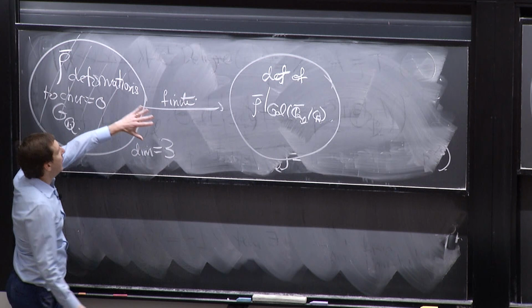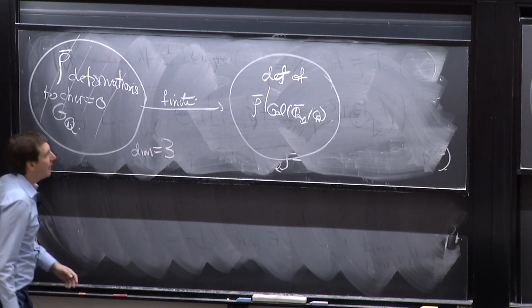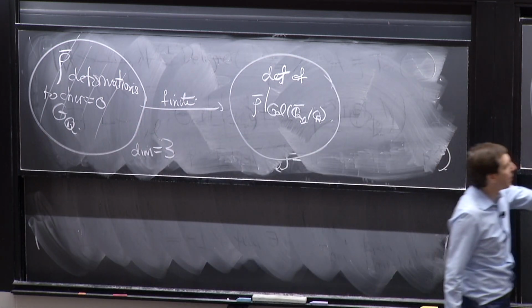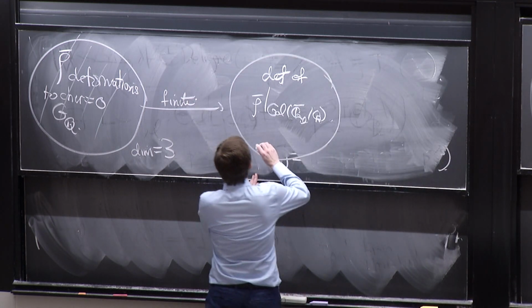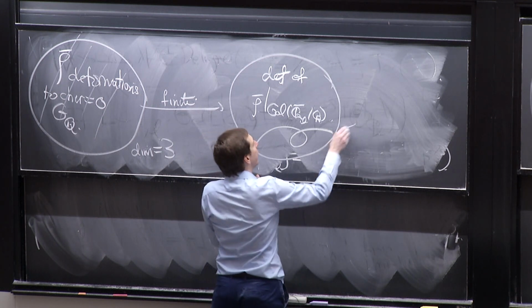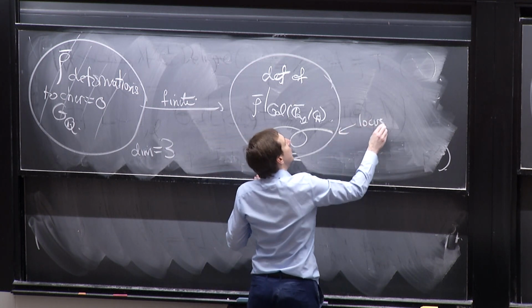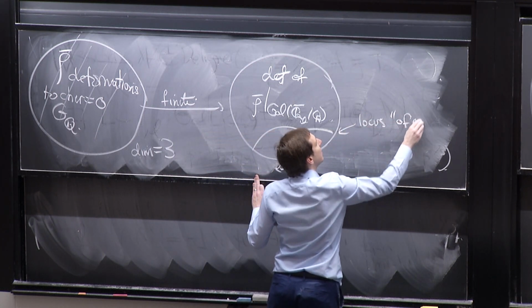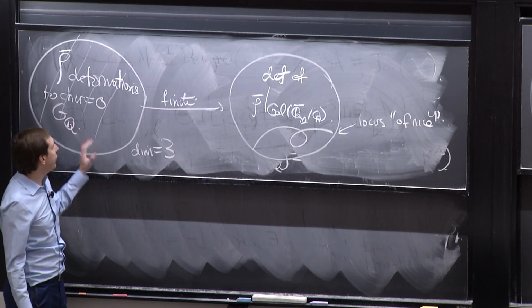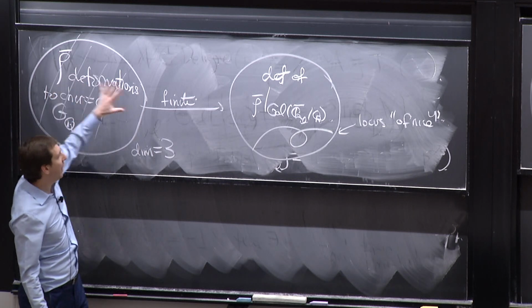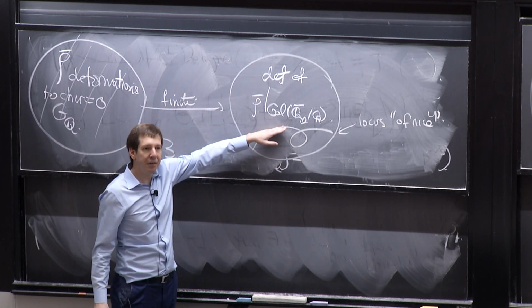All right, so you have this space, and inside here, you want to capture what it means to come from a modular form of weight k and level Gamma_0(N), but in particular, you're capturing your weight k, and maybe you're capturing the fact that the level is prime to p. And so in there, you have some nice locus. So here's the locus of nice representations.